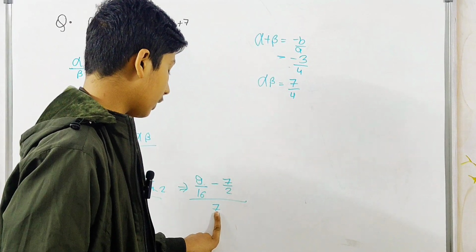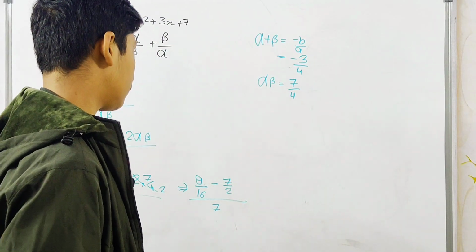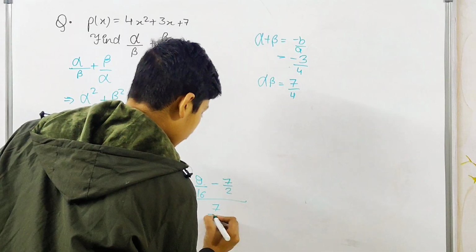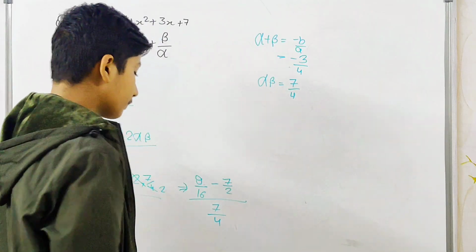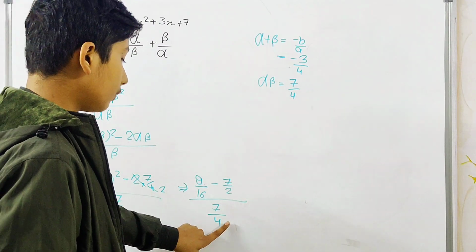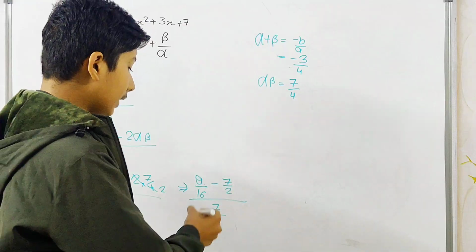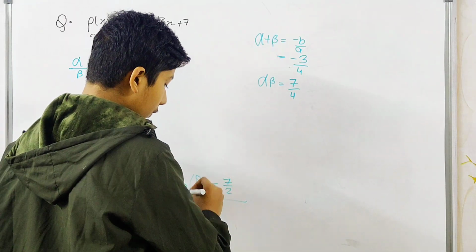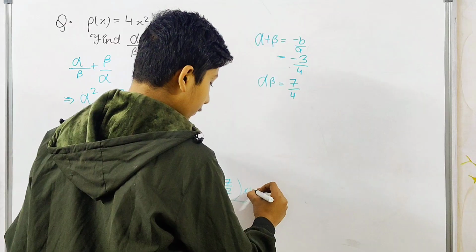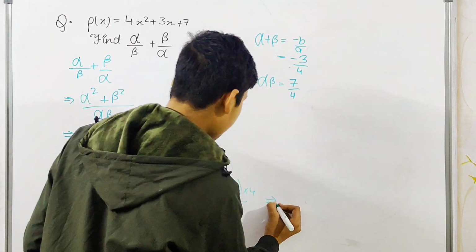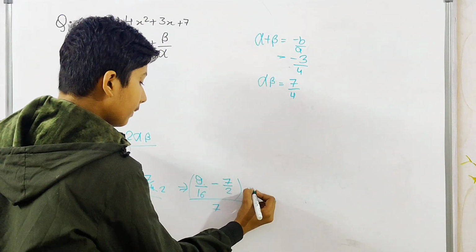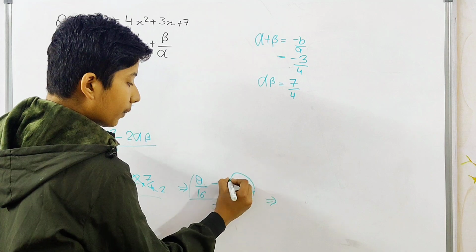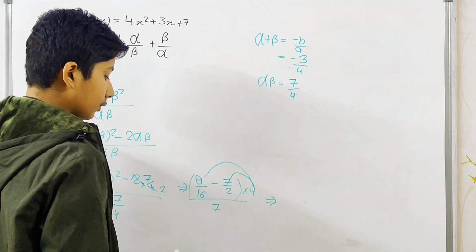So this gets removed, and wait, let it be here only. So now what we'll do? This 4 gets removed from here, we multiply by 4, so it would be multiplied with this also and this also.